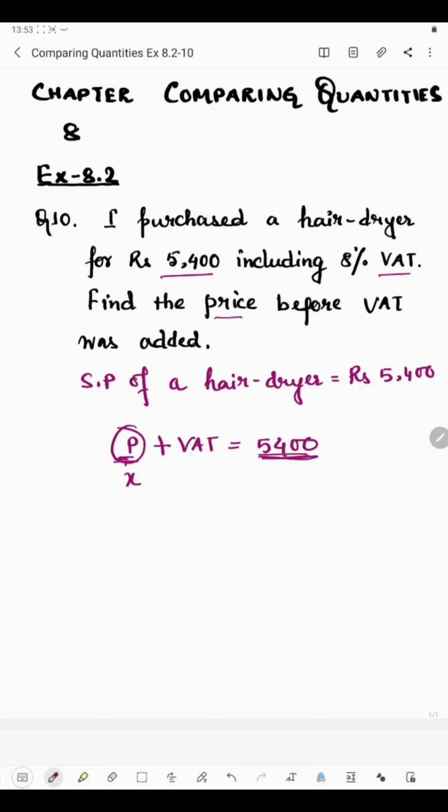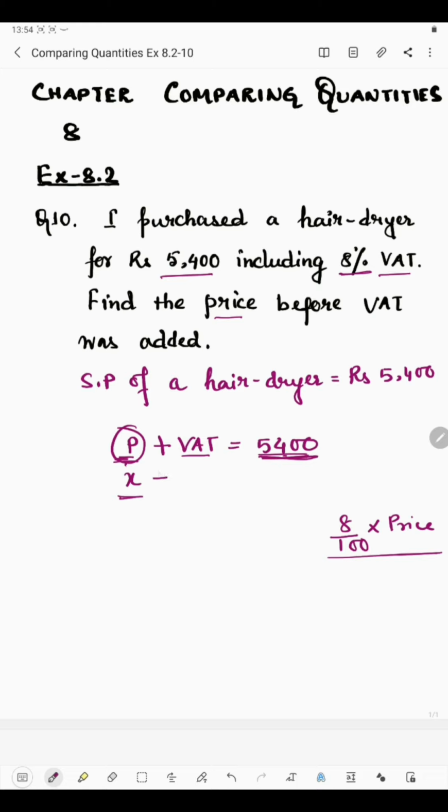Now always remember, VAT is always imposed on the goods and it is calculated only on the price of the item, the price of the product. Here the price of the product is X, as we have considered. Now 8% is the percentage of VAT, so 8% of the price of the item will be the VAT, isn't it?